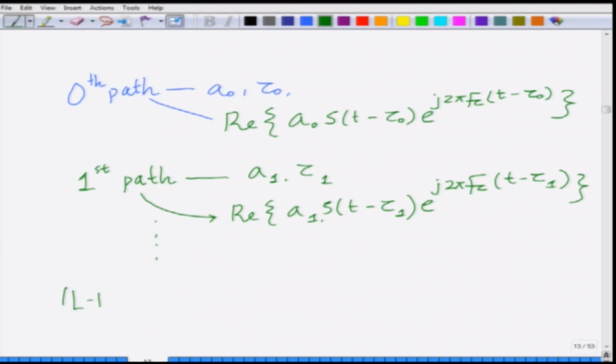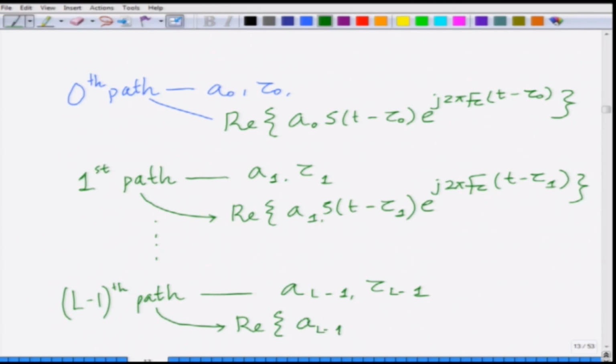The L minus 1th path, counting from 0, corresponds to attenuation A L minus 1 and delay tau L minus 1, and that gives rise to the passband signal A L minus 1 s of t minus tau L minus 1 times e to the power of j 2 pi Fc times t minus tau L minus 1.